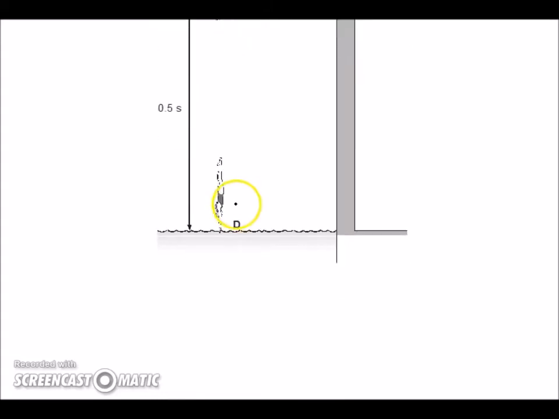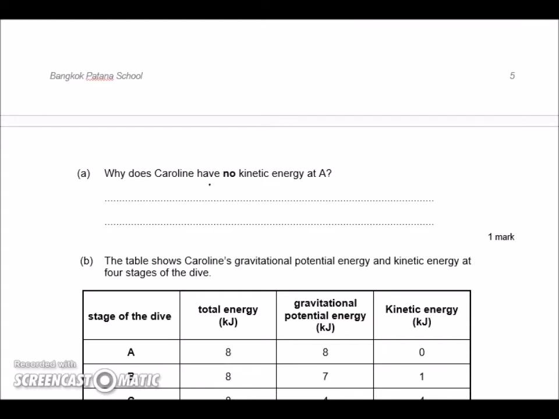And at point D, where she's just reaching the pool, she's going to have 100% kinetic energy for her perfect dive. So why does Caroline have no kinetic energy at A? Because she is not moving.